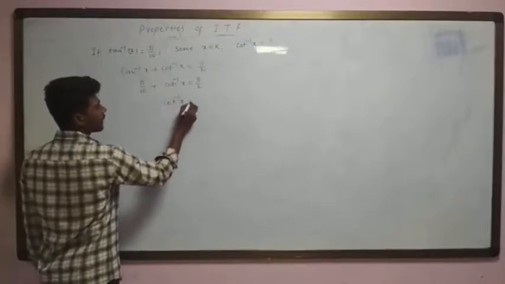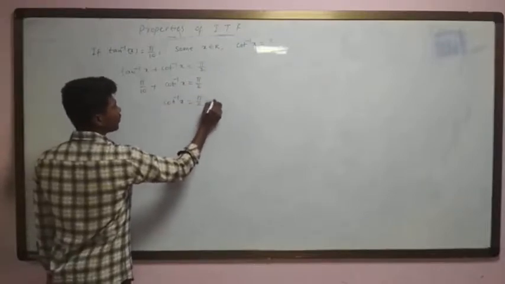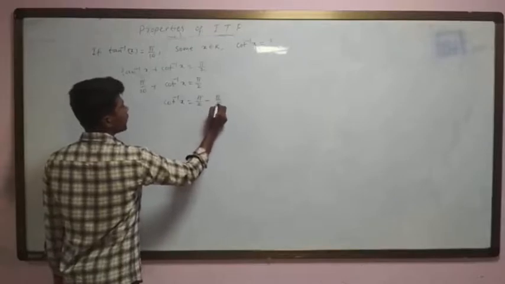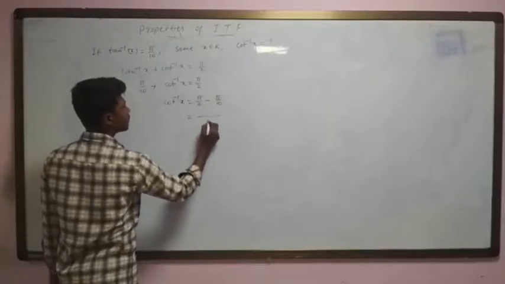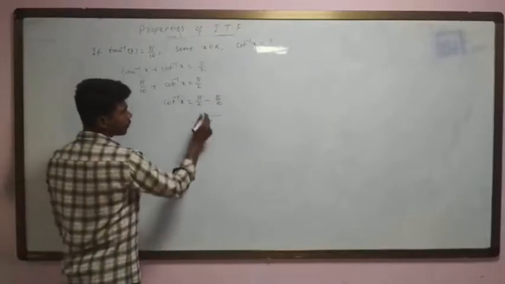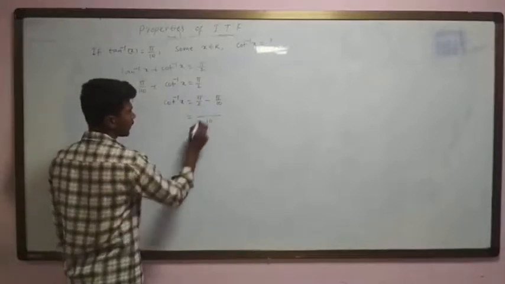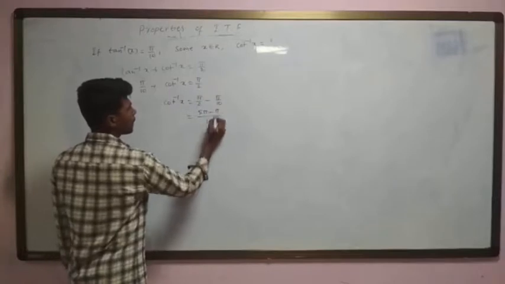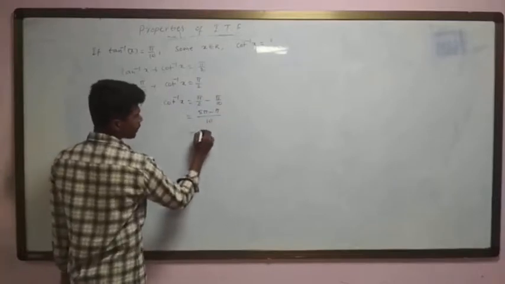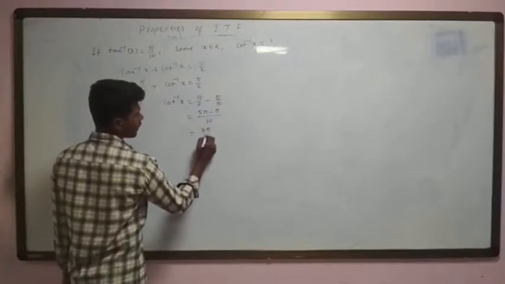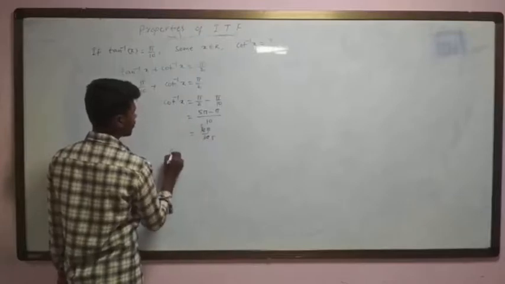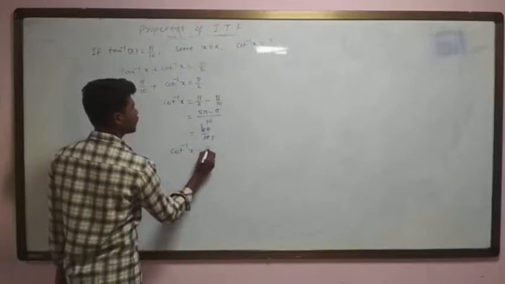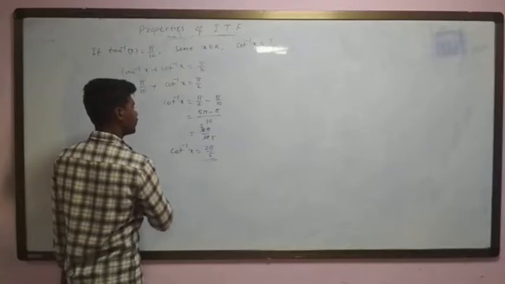So cot inverse x equal to pi by 2 minus pi by 10. Take LCM: 5 pi minus pi, 4 pi by 10. Cot inverse of x is equal to 2 pi by 5.